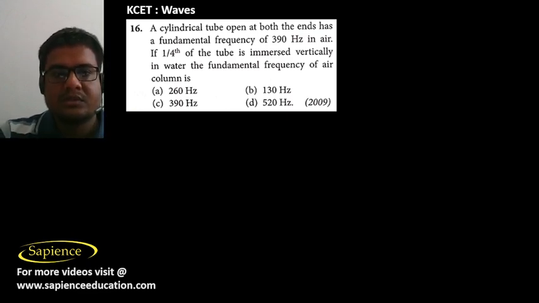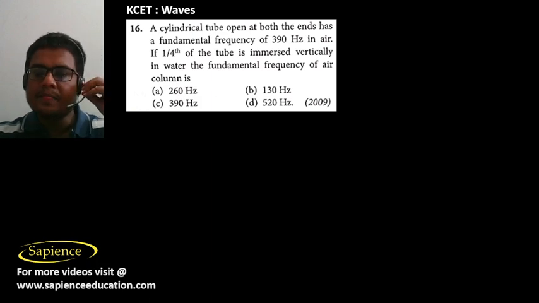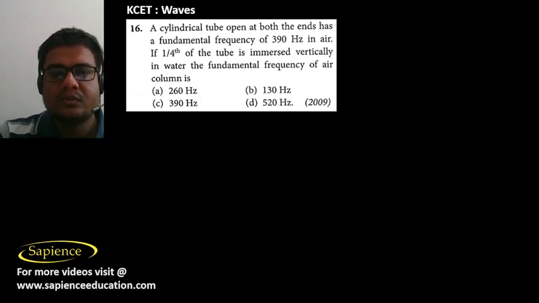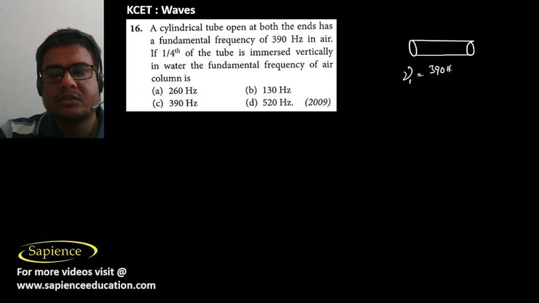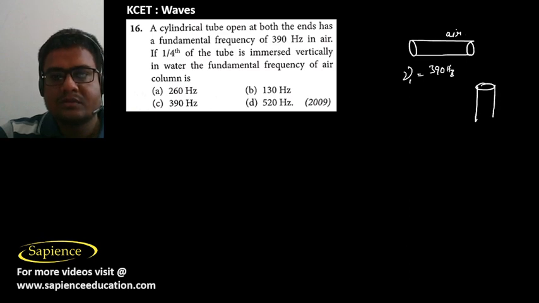In question number 16, it is told a cylindrical tube which is open at both the ends has fundamental frequency. So it is like an open-end organ pipe. It has fundamental frequency 390 Hz in air. And if 1/4 of the tube is immersed vertically in water, the fundamental frequency of the air column is?